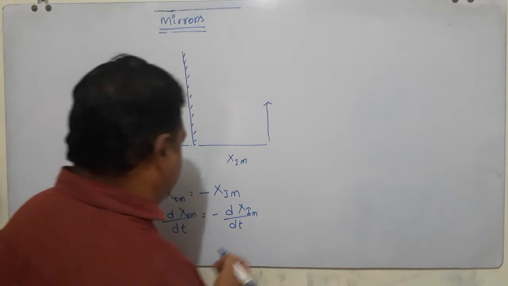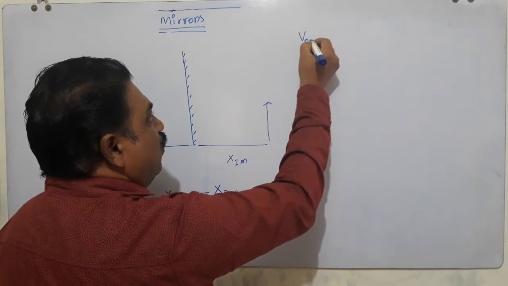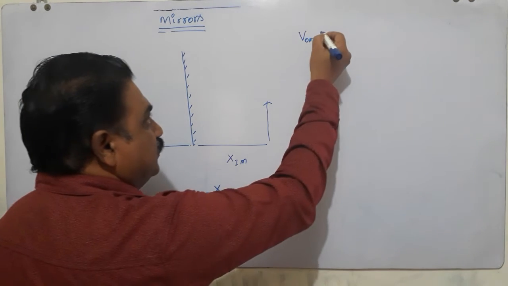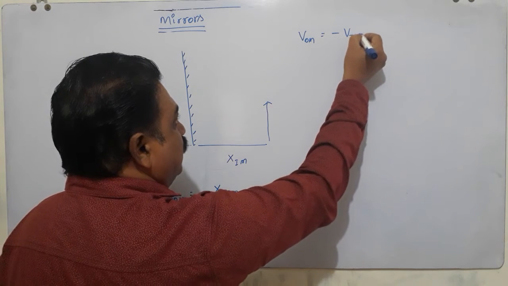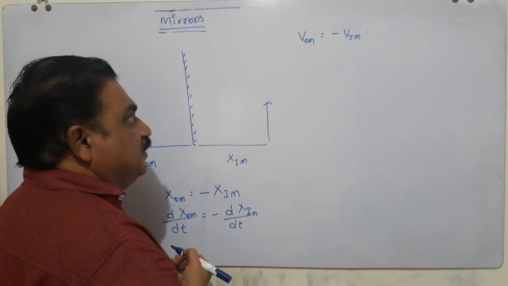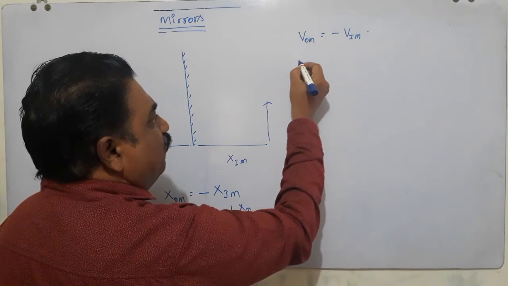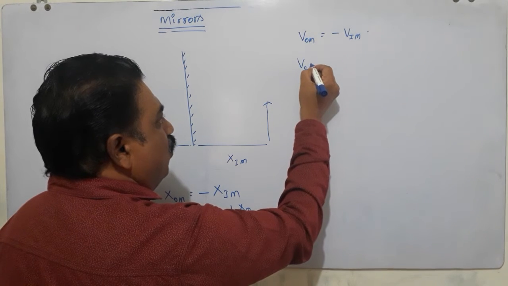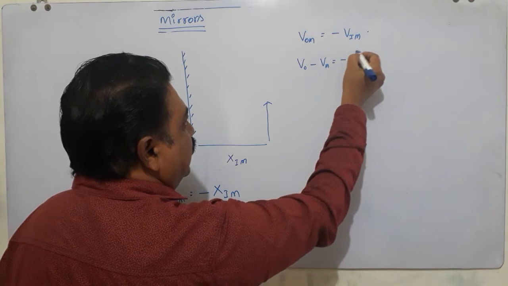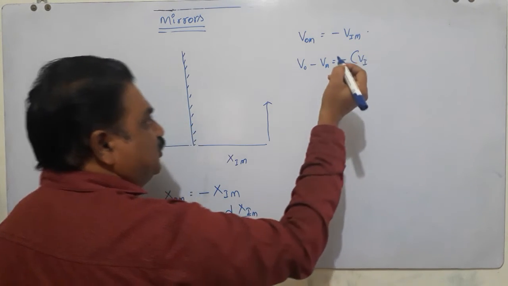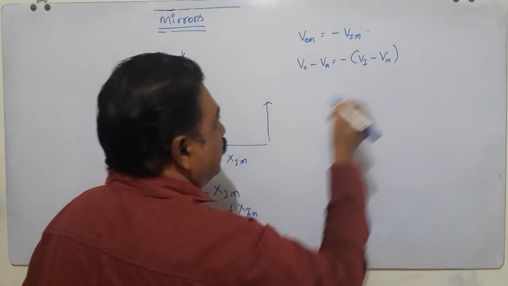From this you can write, d by dt of XOM, the velocity of the object with respect to the mirror, is equal to minus the velocity of the image with respect to the mirror. In such a case, VOM, that means velocity of the object minus velocity of the mirror, is equal to minus of velocity of image minus velocity of mirror.